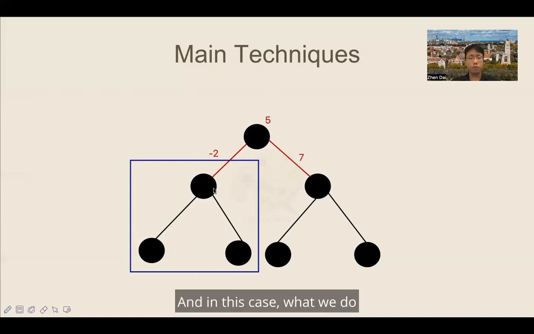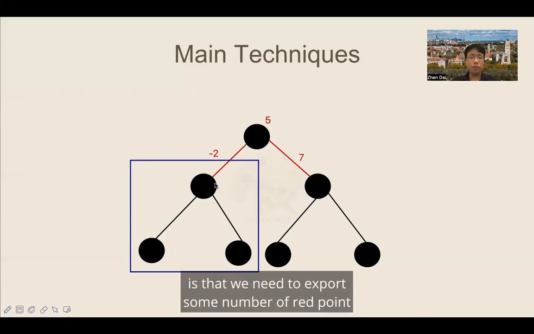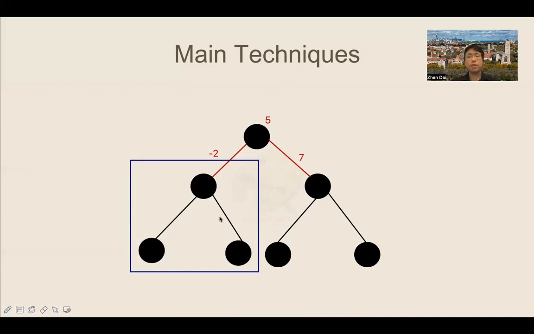So we need to export some number of red points outside this blue box, outside this subtree, and import some number of blue points into this subtree so that we can produce a fair clustering inside this subtree.